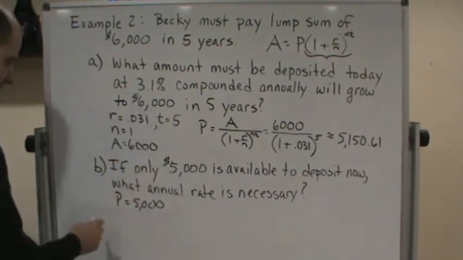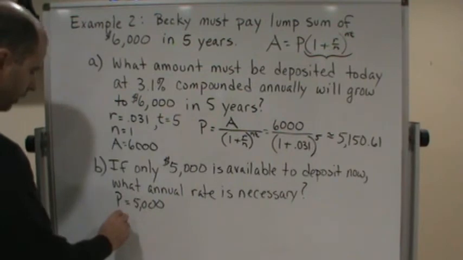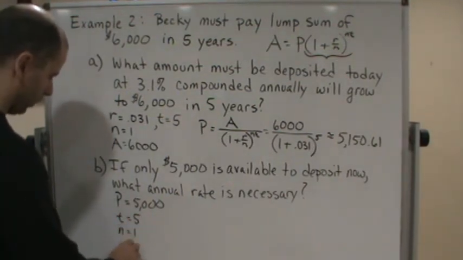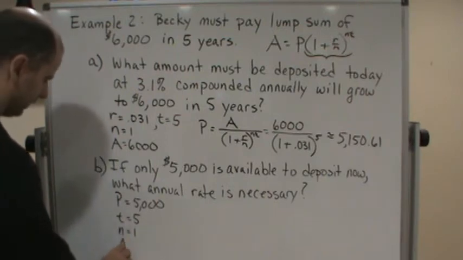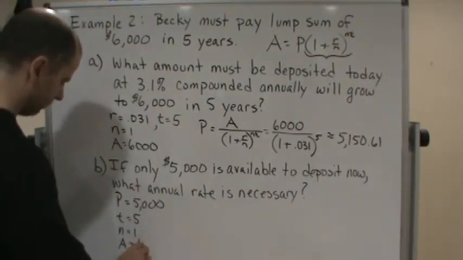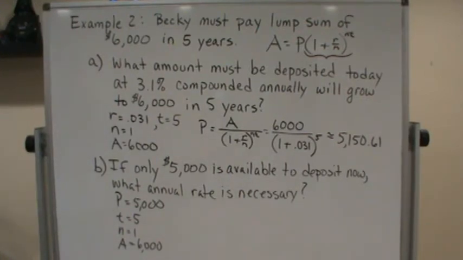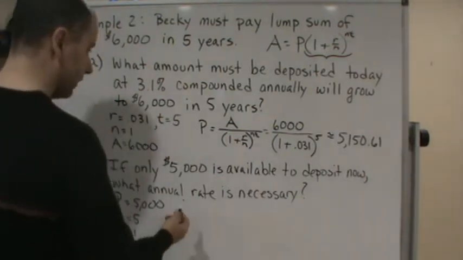Again, everything else is the same except now we're solving for R. So T is equal to 5, N is equal to 1, A is equal to 6,000. Okay? And so now, what do I need to solve for?